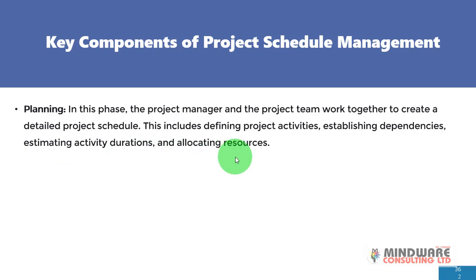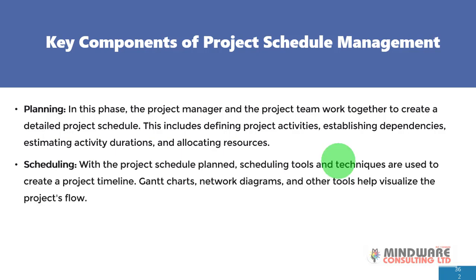So the planning phase is the beginning of project schedule management. It has to do with defining the activities, establishing the dependencies for each of those activities, estimating how long each activity is going to take, and also what resources you require to complete each activity.